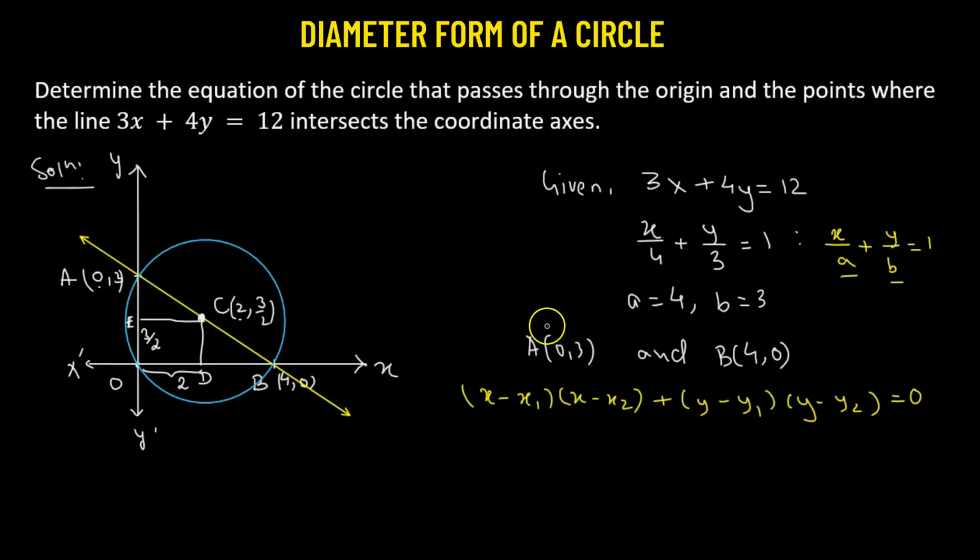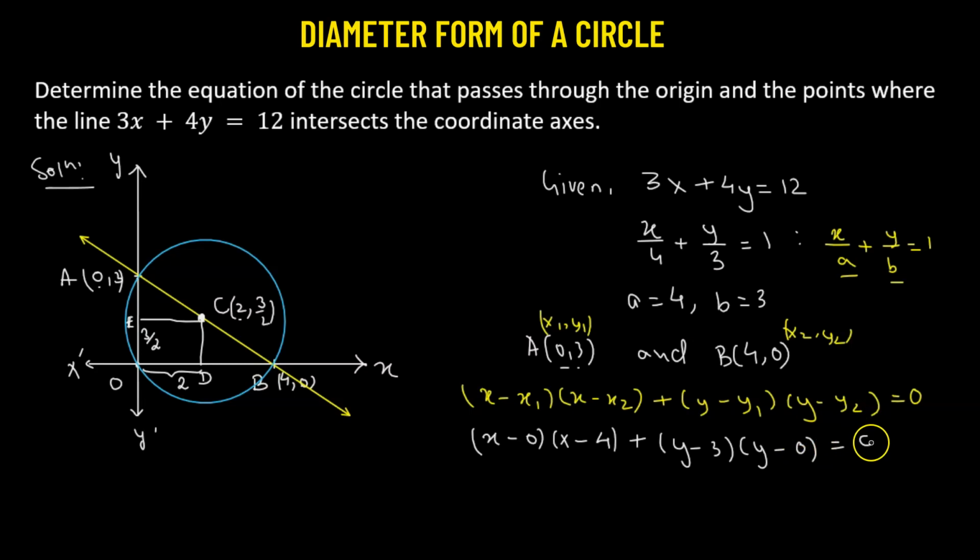In our case, we're going to assume that A is (x1, y1) and B is (x2, y2). So now we have x minus x1, so that's x minus 0, multiplied by x minus x2, so that's x minus 4, added to y minus y1, so y1 is 3, multiplied by y minus y2, so y2 is 0. So this will be equal to 0.